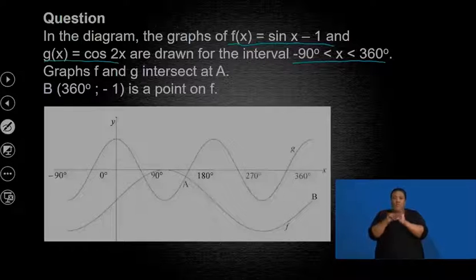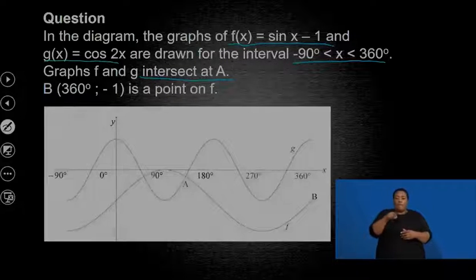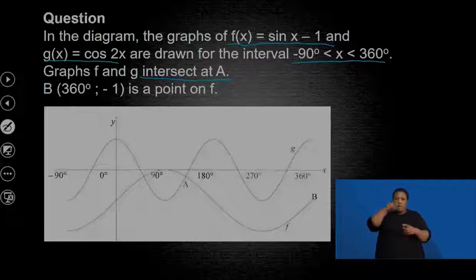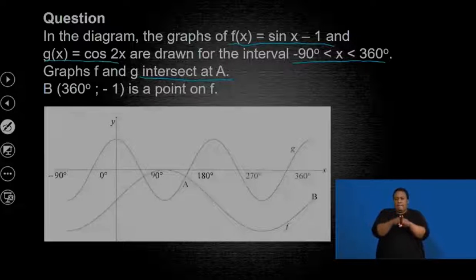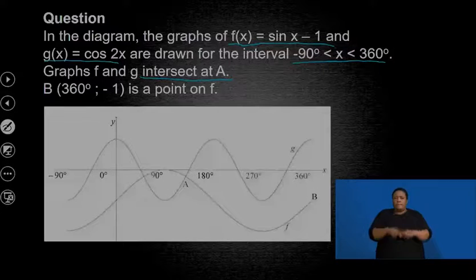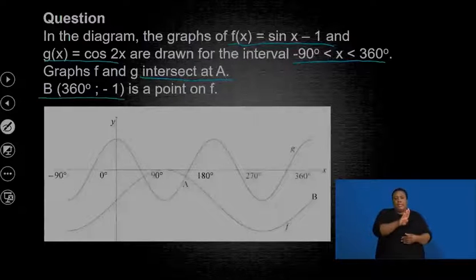And then the graphs f and g intersect at A. So remember, guys, if the graphs are intersecting, what does that mean? It means at that point, the graphs are exactly the same. So you equate them to one another and then solve. So that's what the intersection really means. And then the last point they gave us was B, which is 360 degrees and -1.